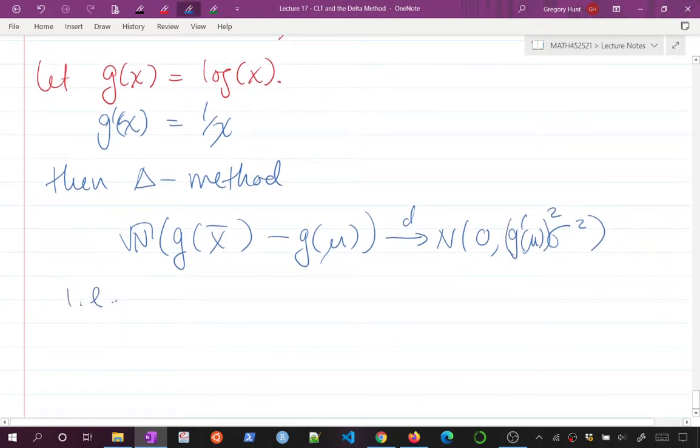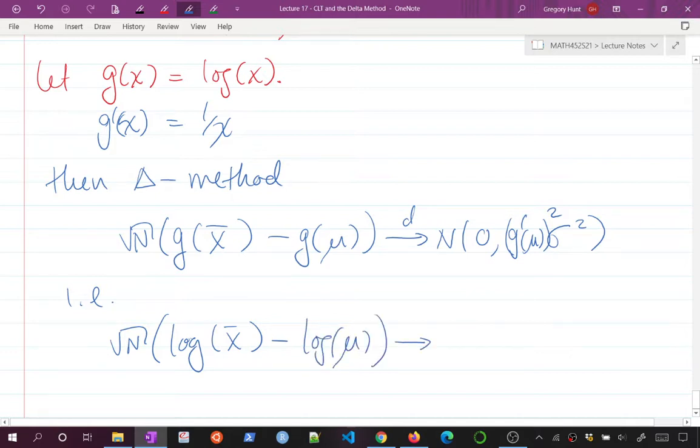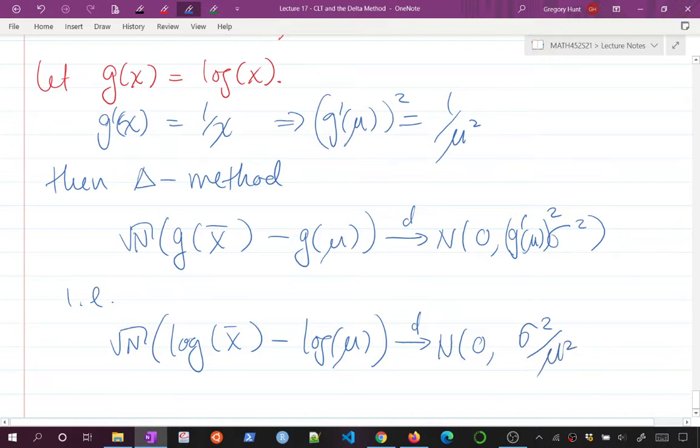So in this case, g is log, so root n times (log of X bar minus log of mu) converges in distribution to a normal, and g prime is 1 over x, so g prime of mu squared is 1 over mu squared. The mean is 0, and we get sigma squared over mu squared.